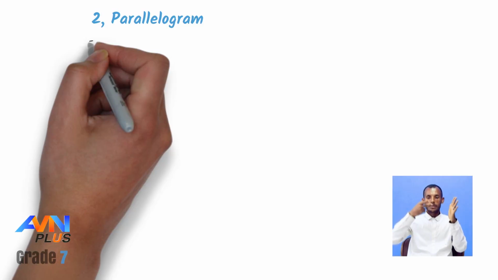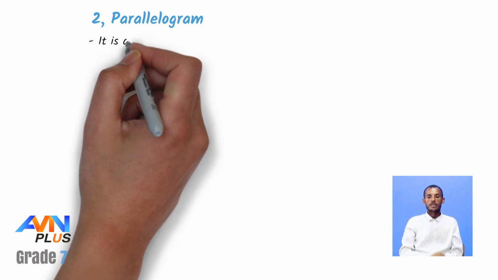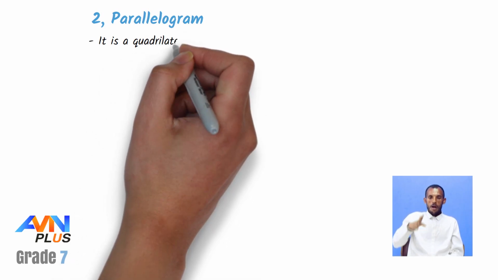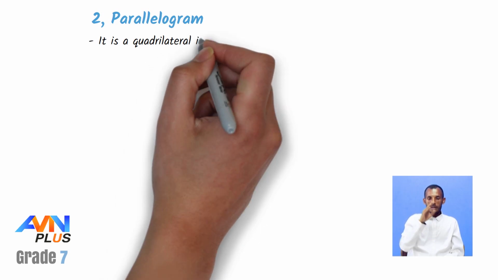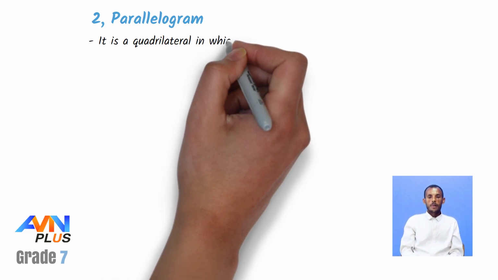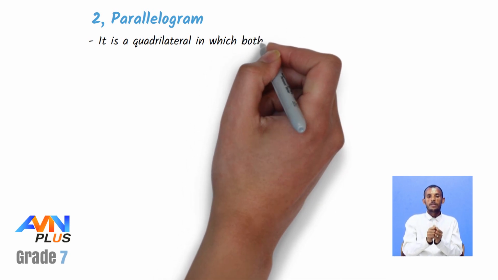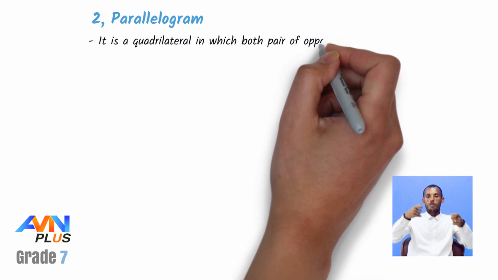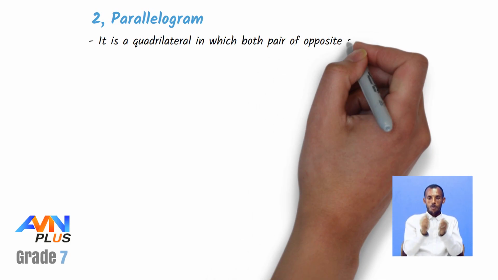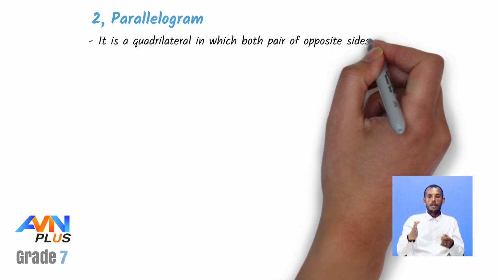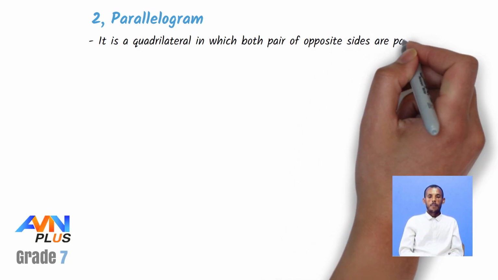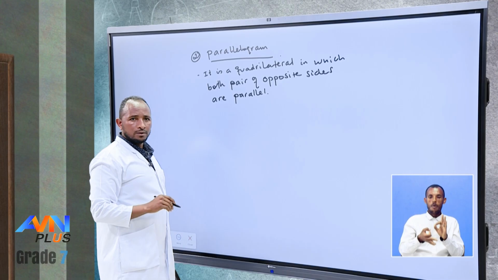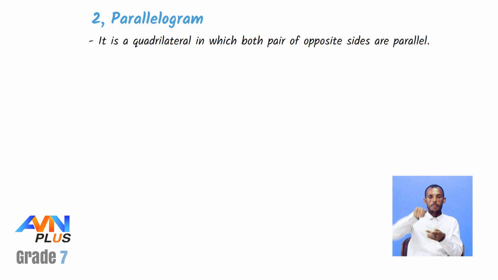A parallelogram is a quadrilateral in which both pairs of opposite sides are parallel. This is the definition of a parallelogram. So here, look at this one.